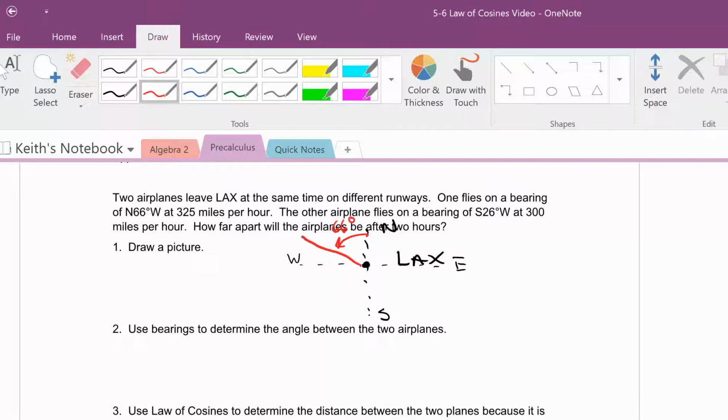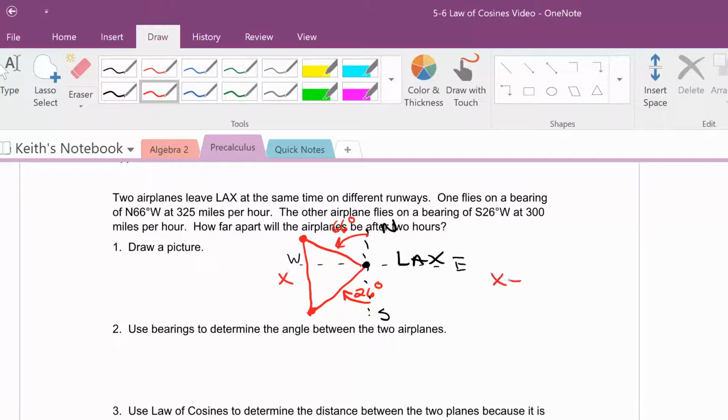So it goes that way. That's plane 1. Plane 2 goes south 26 degrees west, right here.